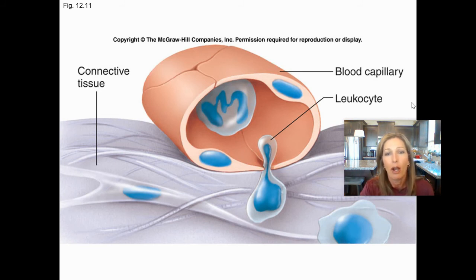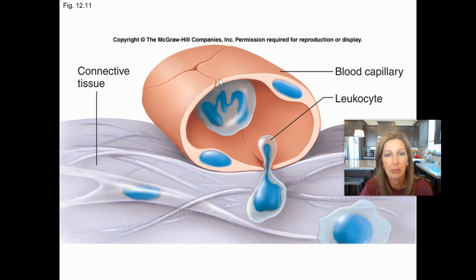Now, our white blood cells travel through our body mainly through your blood vessels. There are some that travel through your lymphatic vessels too, but when you have an infection, we've talked about the importance of inflammation. When you do have a localized infection, what ends up happening is there is a histamine response that increases the permeability of these capillaries.